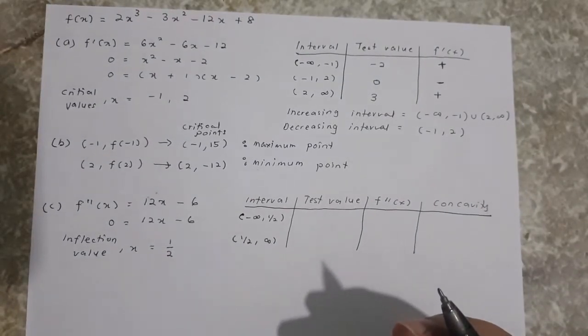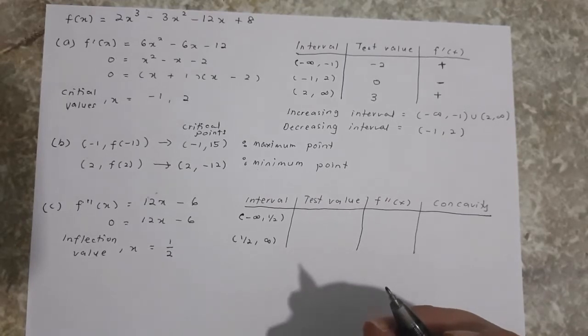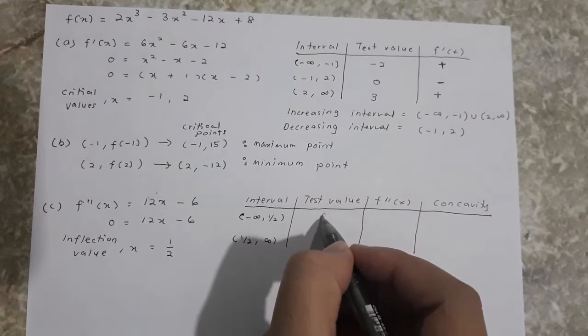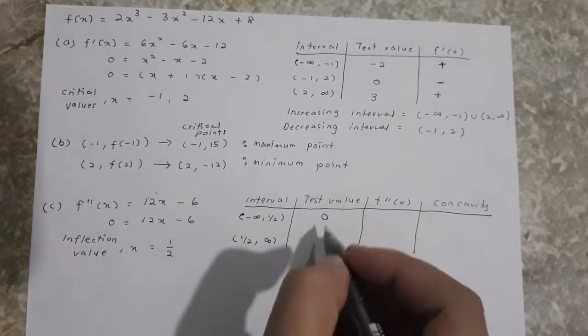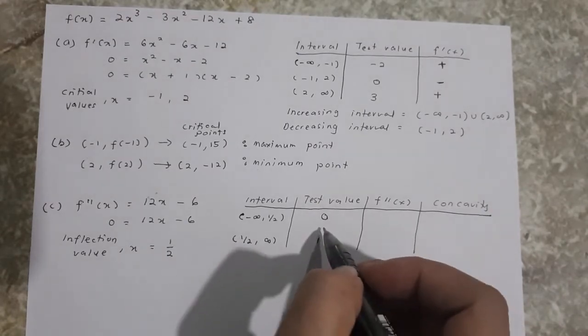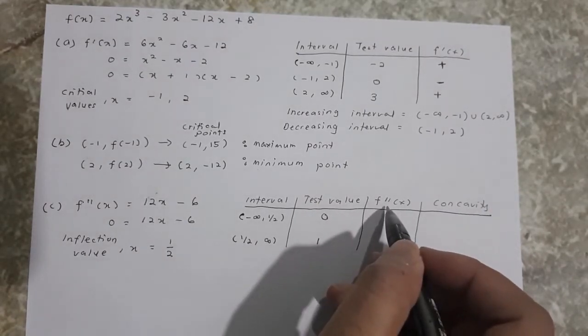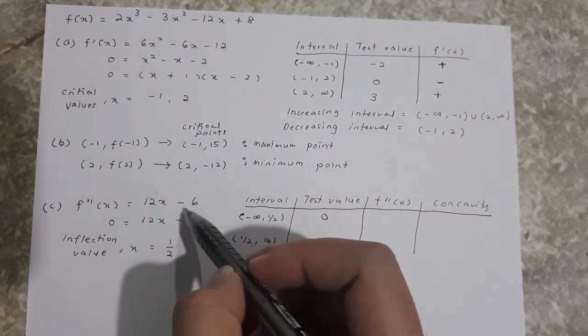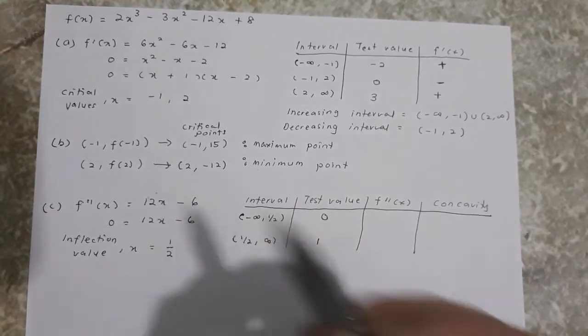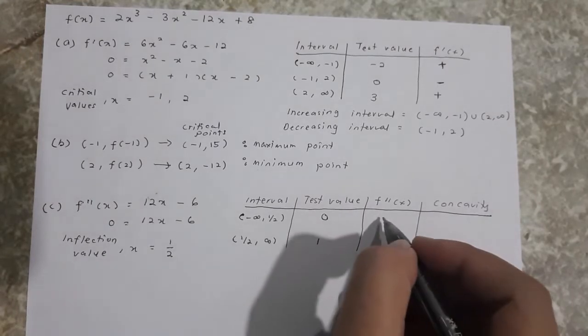Choose one test value from each respective interval. From the first interval, I want to choose 0. From the second interval, I want to choose 1. Substitute 0 into the second derivative. We get the answer as -6. Just take the sign of the final answer.